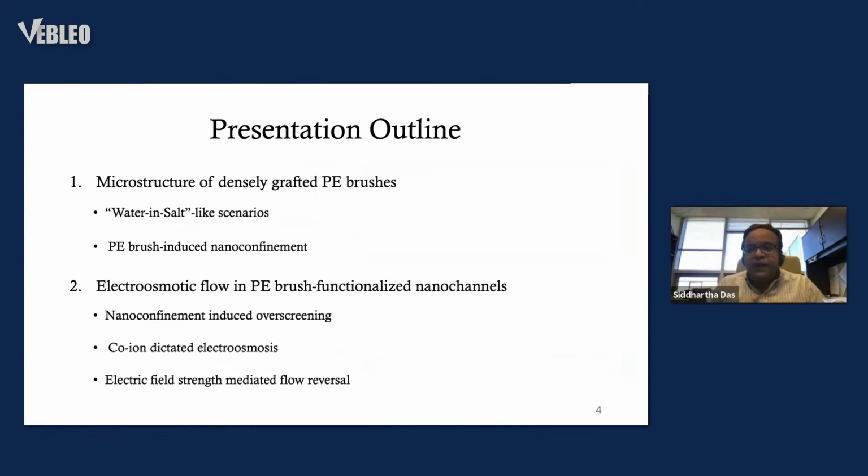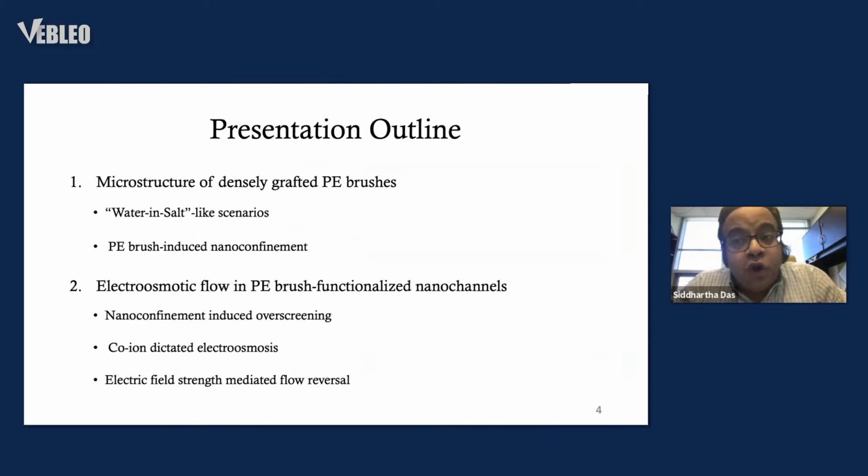So this would be the endeavor of this talk, that we will talk about two problems. First, we will talk about how our all-atom molecular dynamics reveal, possibly for the first time, the detailed microstructure of these polyelectrolyte brushes.